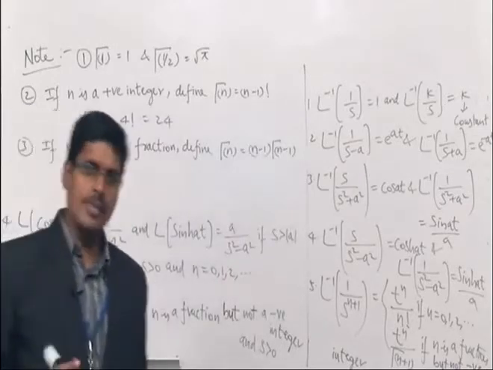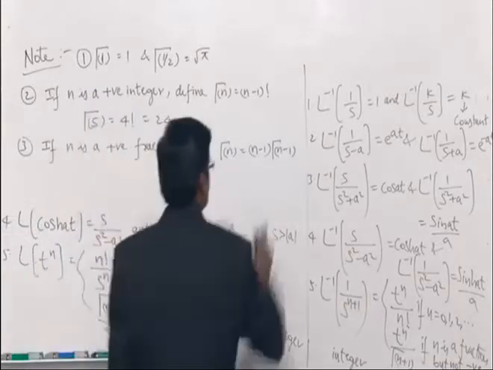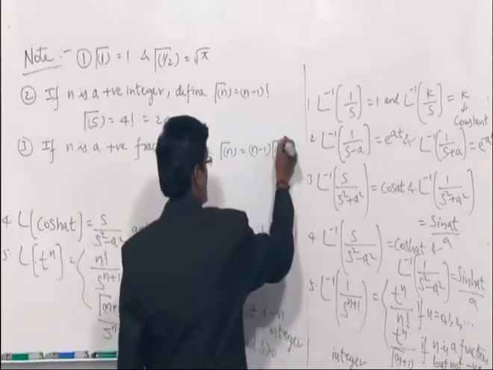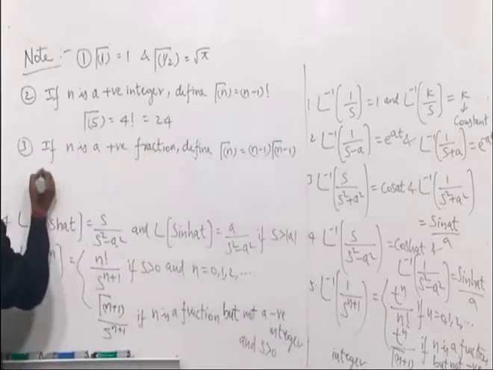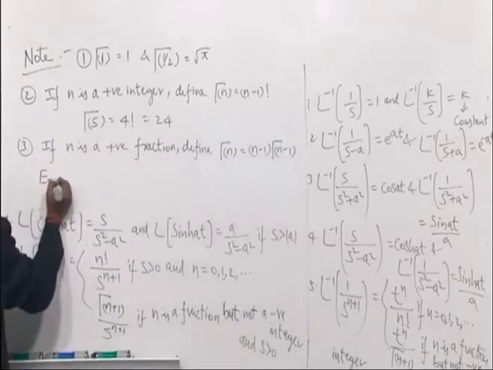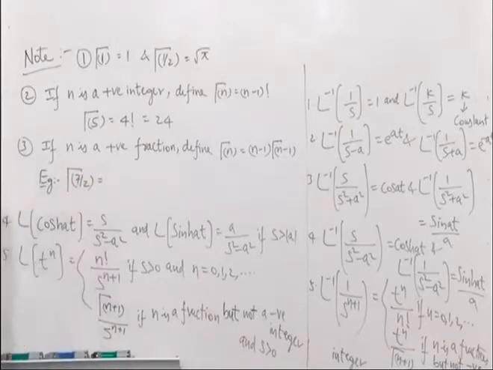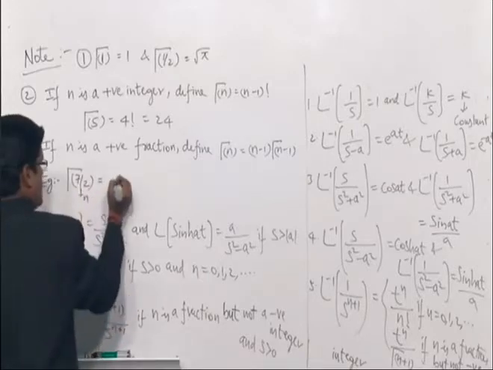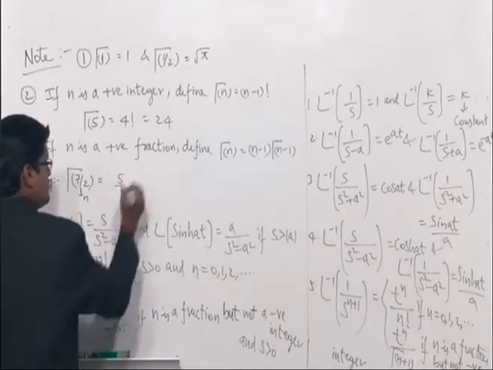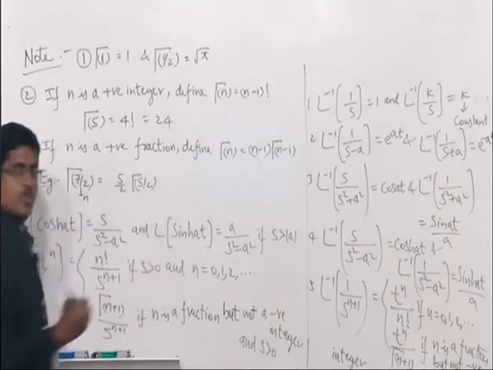Subtract 1 from the given number, write that obtained value outside as well as inside. See, example, gamma 7 by 2 is equal to, so this is your n, subtract 1, 5 by 2, gamma 5 by 2.